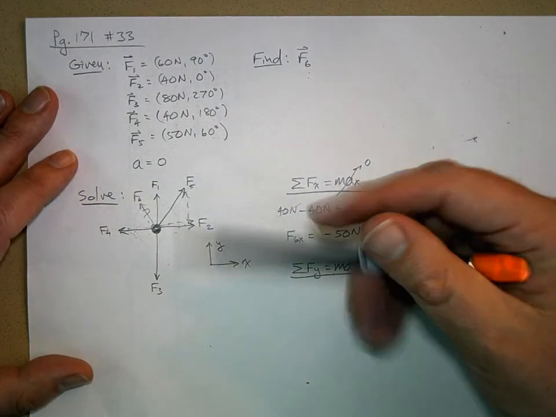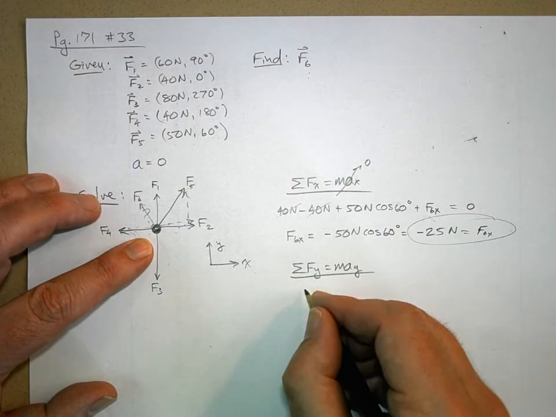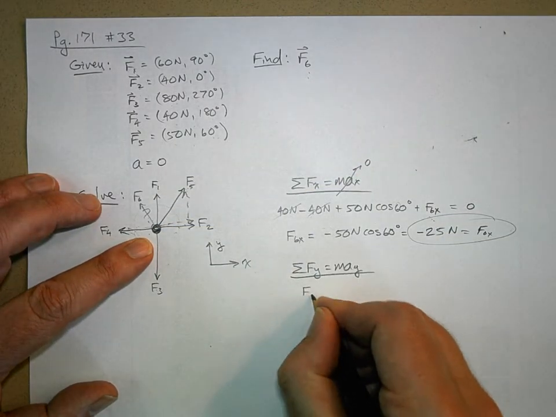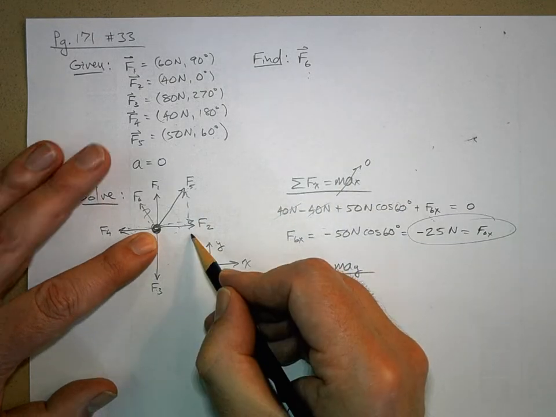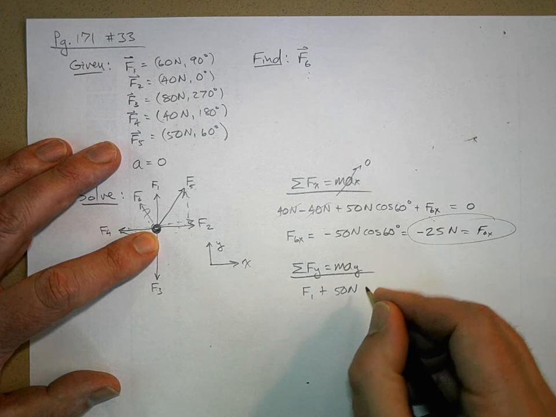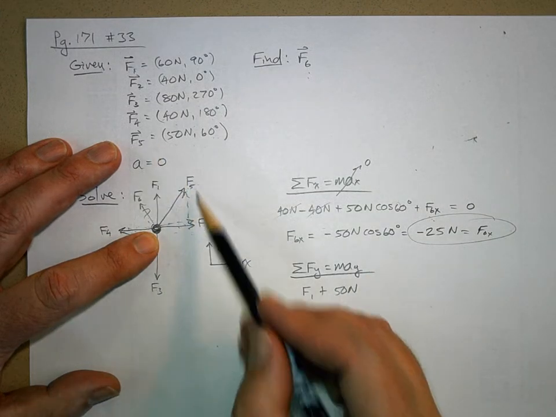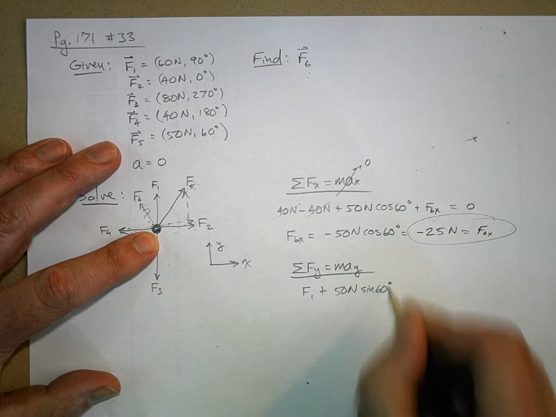And so I look in the y direction. I got F1, and then plus F5. And well, what is F5? 50 newtons times the, what would that be? Sine of 60 degrees.